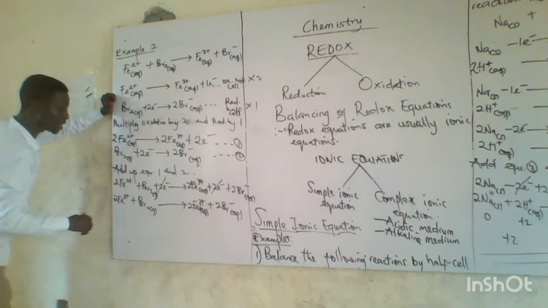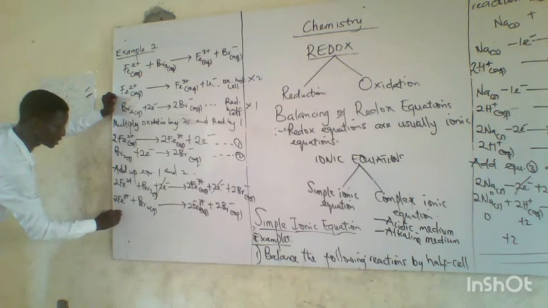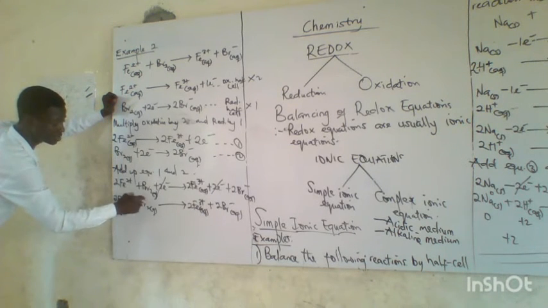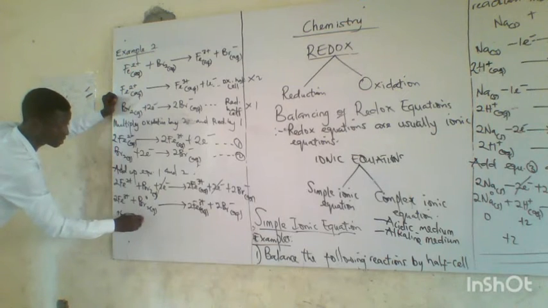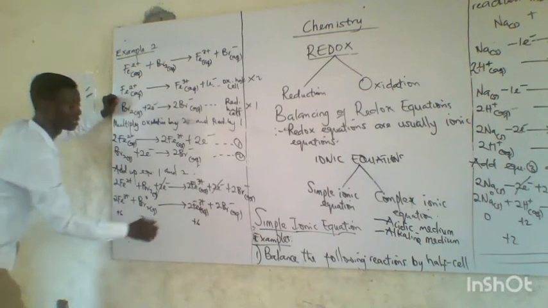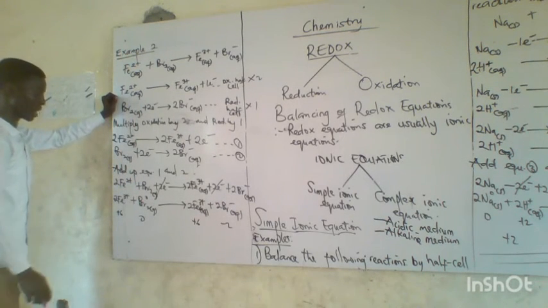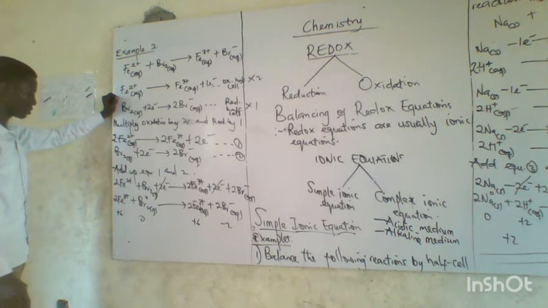Now, ionically, plus 3 times 2 will give me plus 6. This is having no charge, 0 times 1 is still 0. Plus 3 times 2 will give me plus 6. Minus times 2 will give me minus 2. Right?